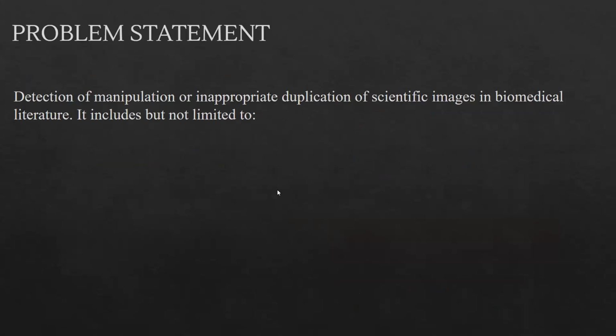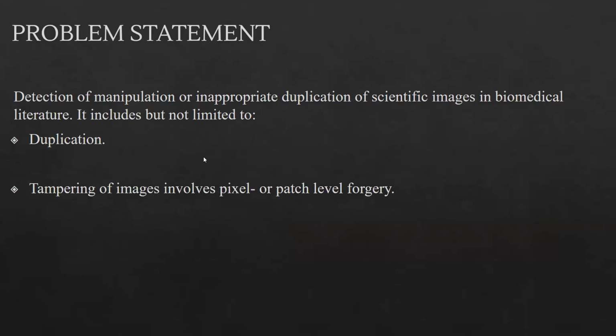And now the problem statement. First of all, duplication involves reusing part of images generated by one experiment and misrepresenting them as results for unrelated experiments. And then tampering of images involves pixel or patch level forgery, which is basically to hide unfavorable aspects of the image or to produce favorable results for that particular experiment.